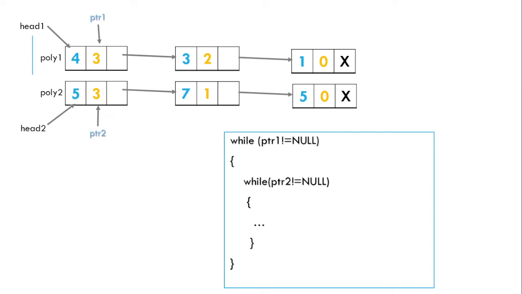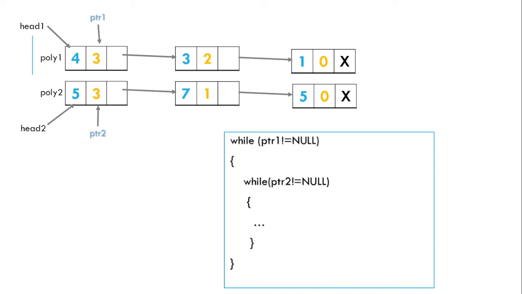So, in this algorithm, for each term of the first polynomial, we must multiply with every term of the second polynomial. So, we need a nested loop. In the outer loop, we traverse through the terms of the first polynomial. In the inner loop, we will traverse through the second polynomial terms.